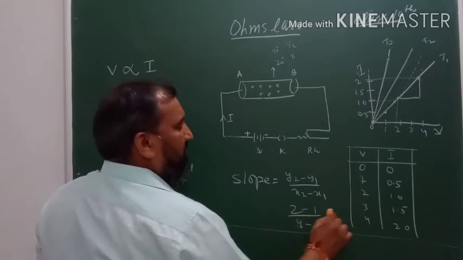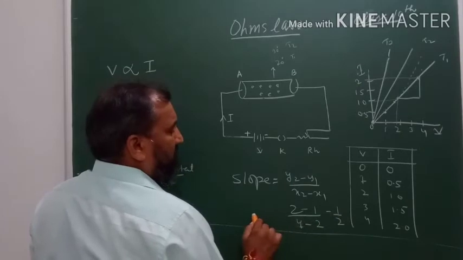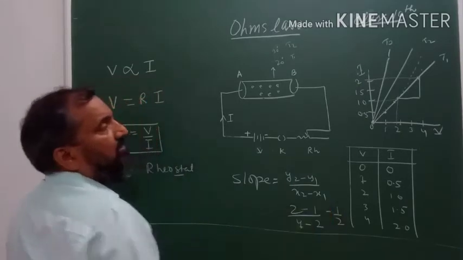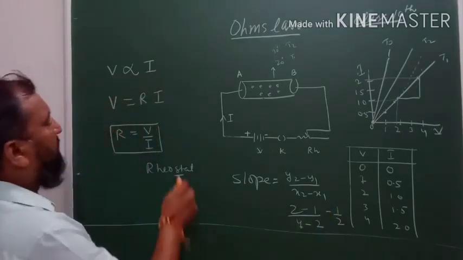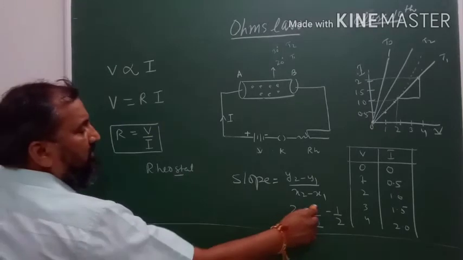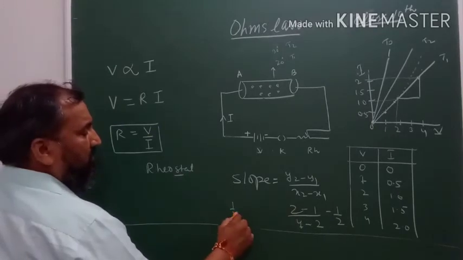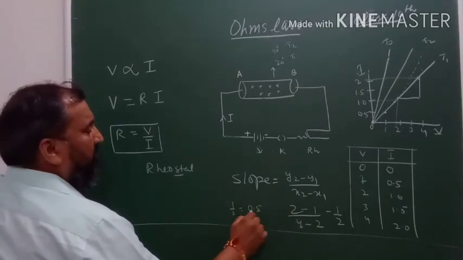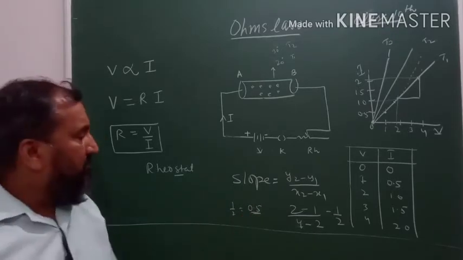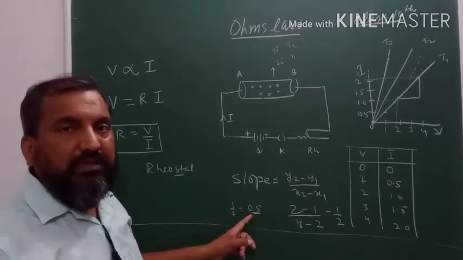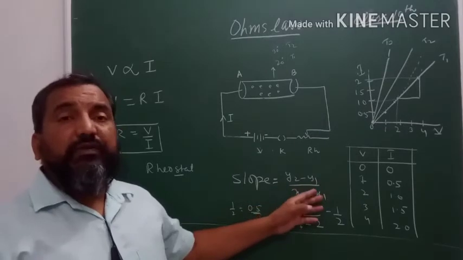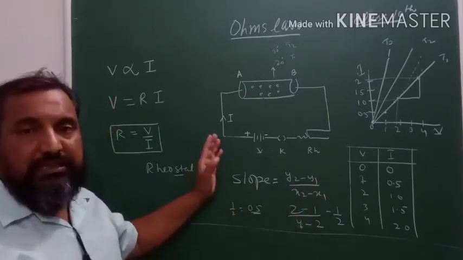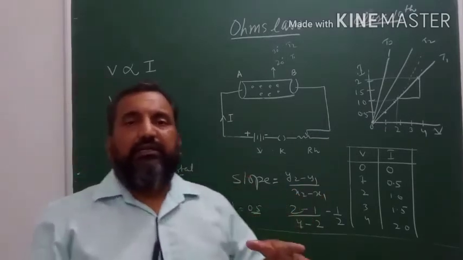That means 1 upon 2. Resistance is equal to 2 ohms. Therefore 2 minus 1 is equal to 1 upon 2 is equal to 0.5. Is it clear? So this way we can calculate the resistance of the conductor.